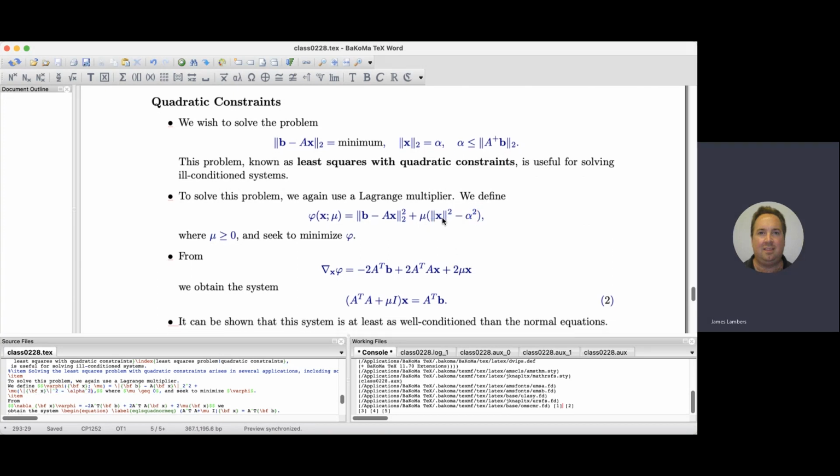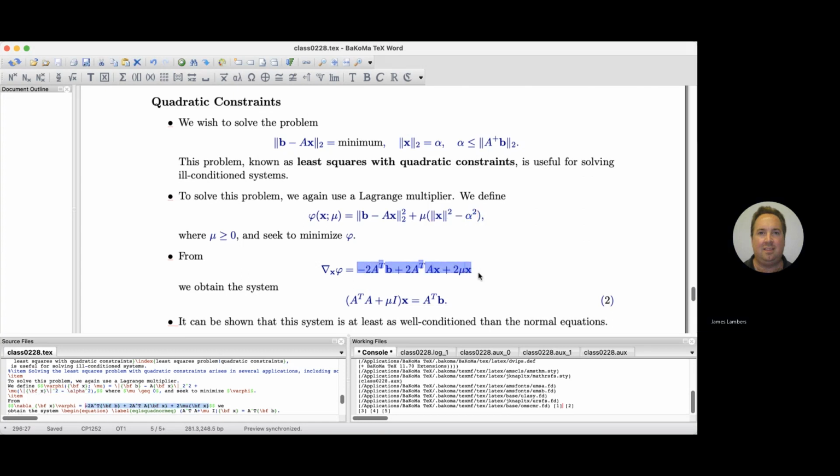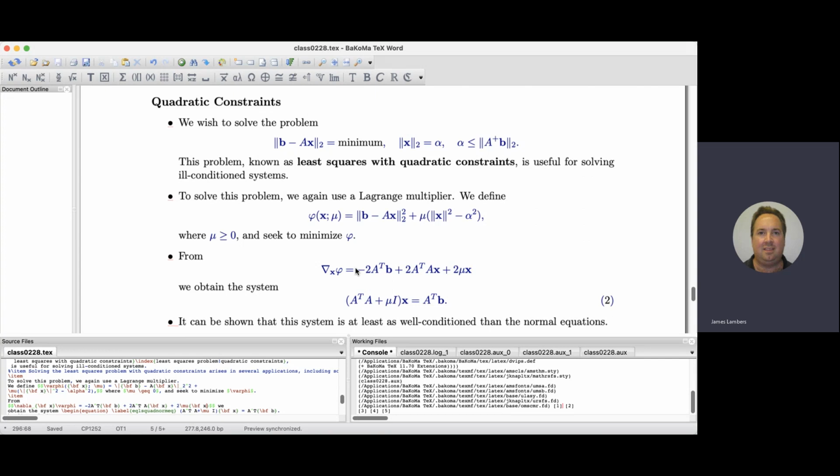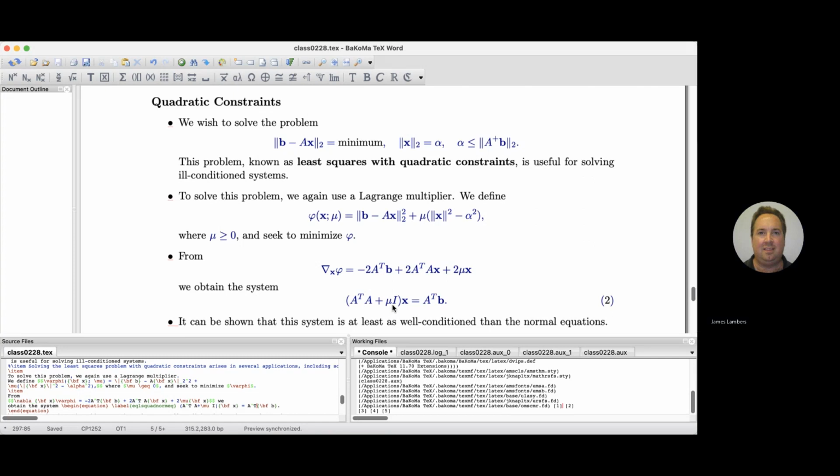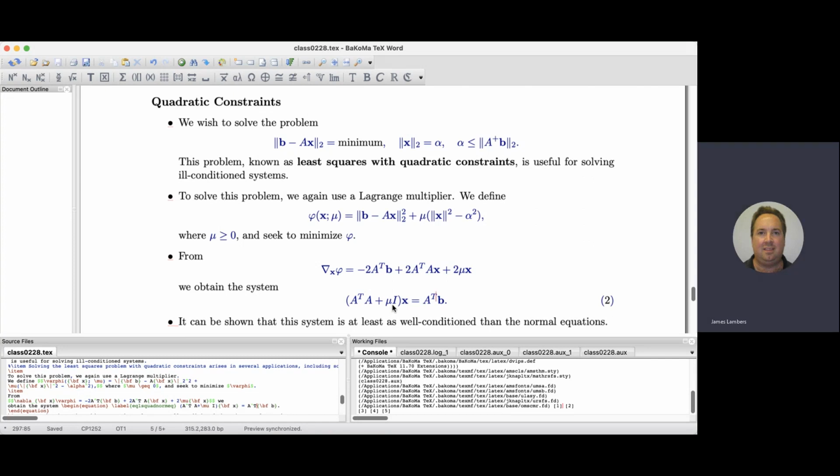So we require this to be 0, but we also require the rest of the gradient, this portion, to be 0, and that's equivalent to solving this system here, where we have A transpose. So it's like the normal equations, except that the matrix A transpose A is shifted by this unknown value mu.